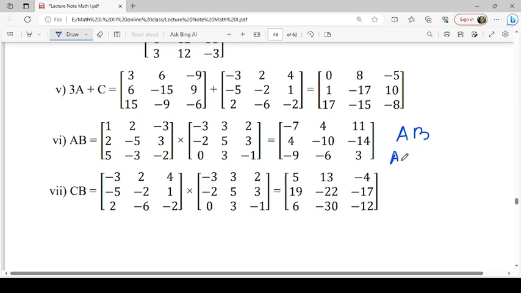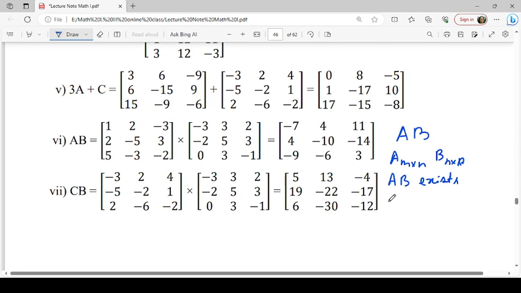If A is m into n and B is n into p, then we say AB exists. This means the number of columns of the prefactor must be equal to the number of rows of the postfactor.